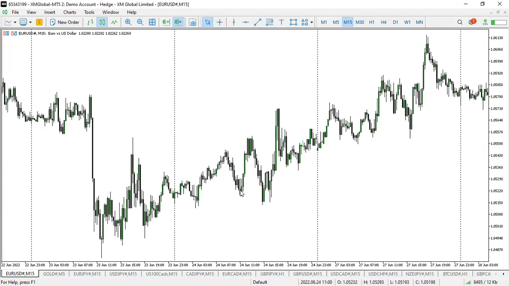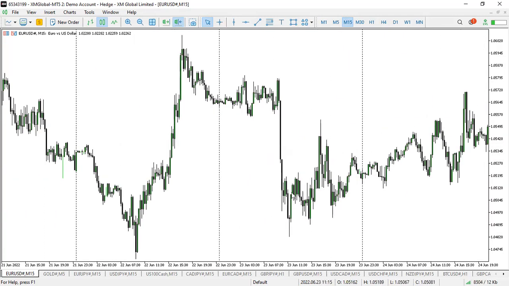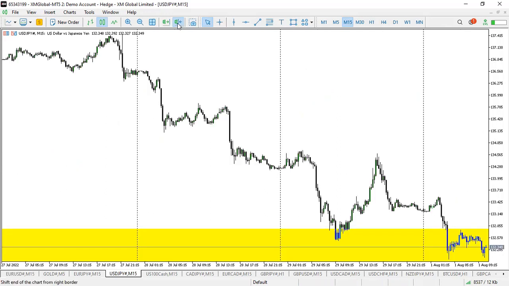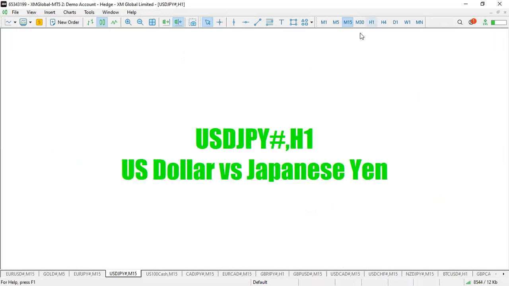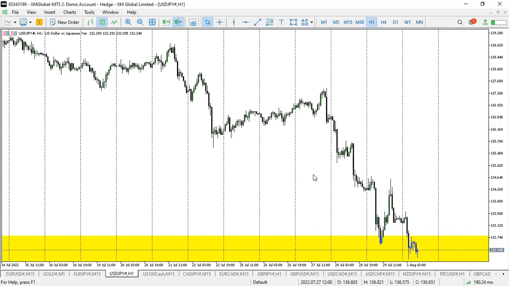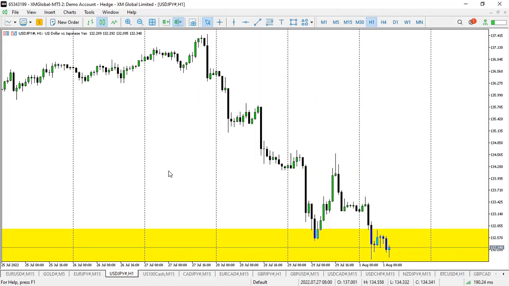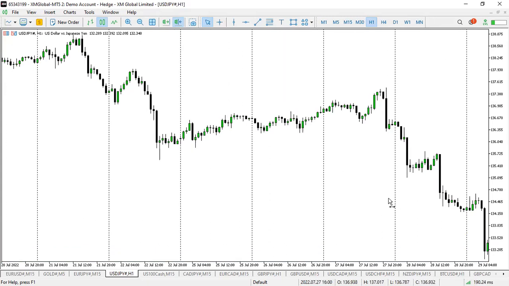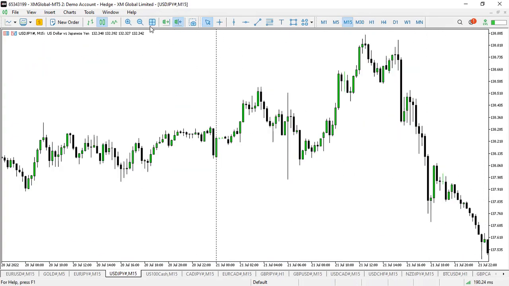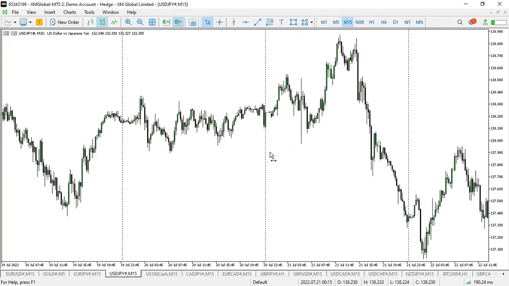Okay, this one is a bit, this also not clear here. The JPY pairs, they love accumulation. Just so you know, JPY pairs, they love accumulation.